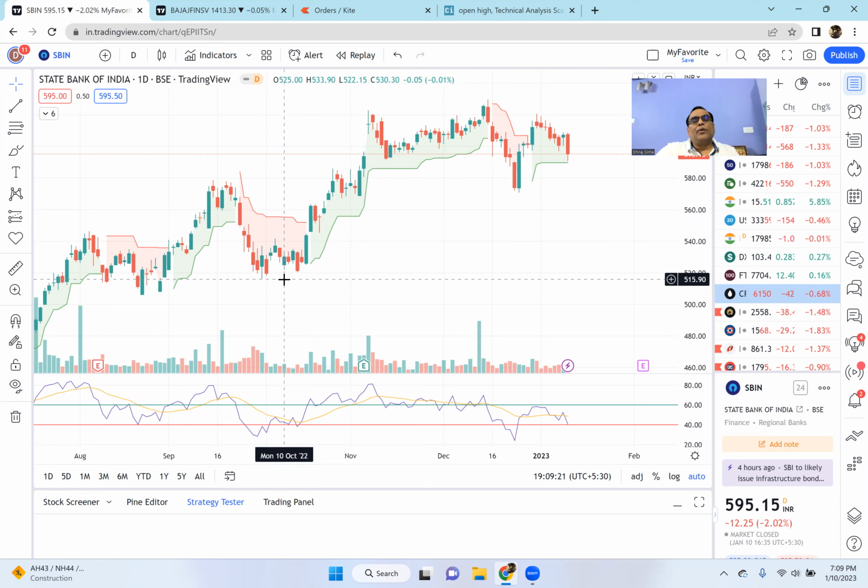Now, since it is inside bar, essentially there are two candles. One is the mother candle and the other one is the child candle. And the child candle is completely inside the mother candle, which means that not just the body, which is open and close, we will look at the high and low of both the mother candle and the child candle.